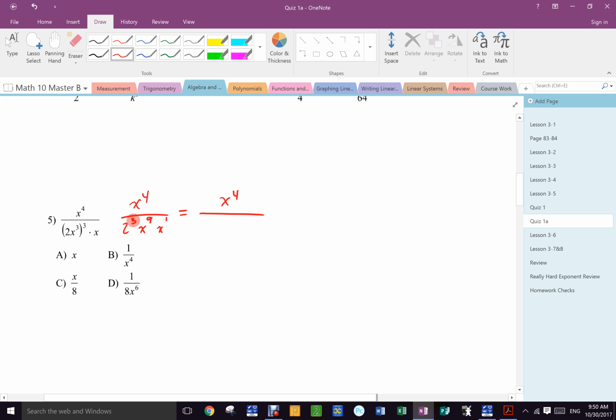What do I do with that 2 cubed? 8. X to the 10th. What do I do with 4 of them? Those 4 are gone. I got rid of 4 of these, so how many are left? 6. So what's the answer? 1 over 8x to the 6th, right there, D.